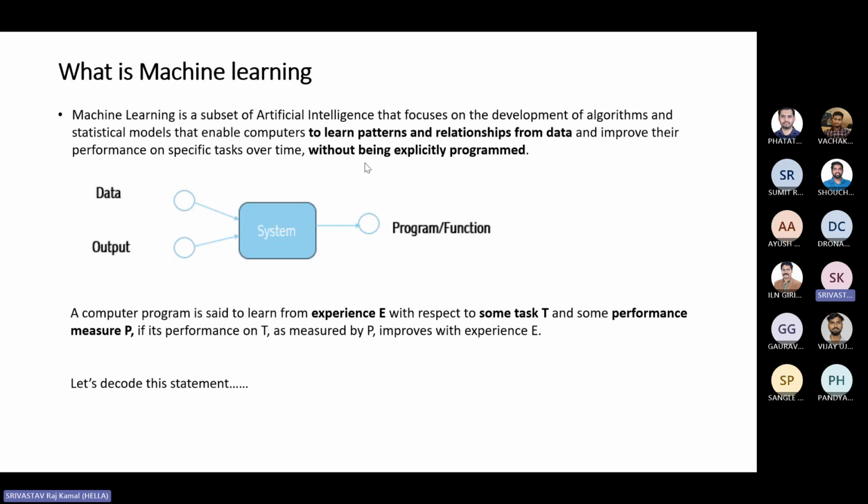Okay, so without being explicitly programmed. Now you got my point. We know the data, I know the output. I'm not going to write the whole program by ourselves. We cannot even write all the possible cases, because we do not know all the things that could appear in the future.